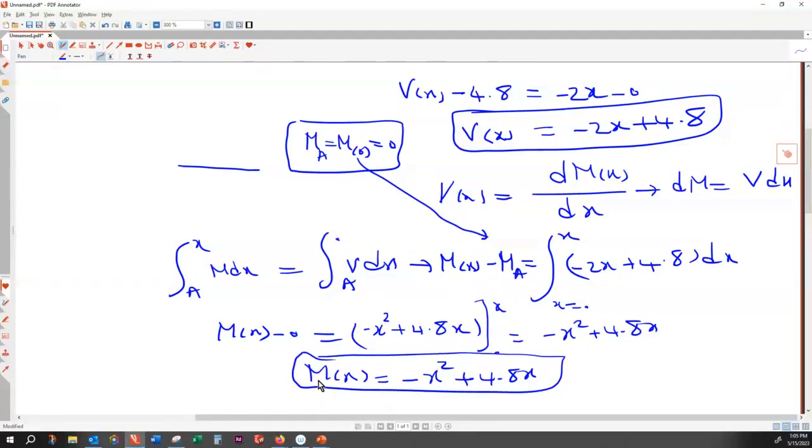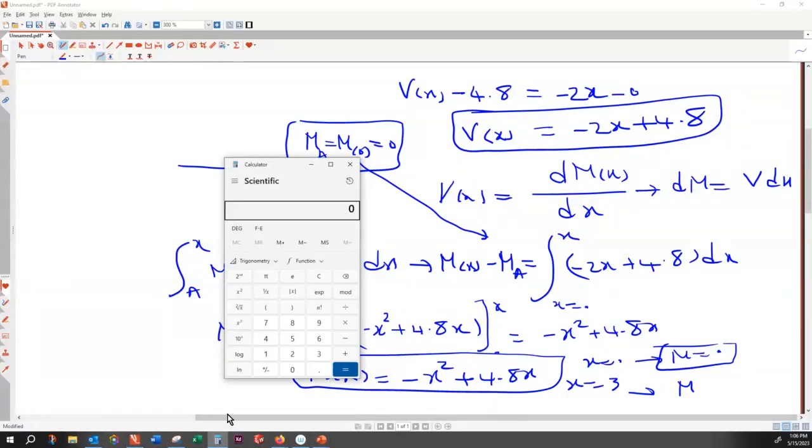So can we check this? Plugging x equal to 0 gives M equal to 0. That is correct. And at the end, x equal to 3, M is equal to minus 9 plus 4.8 multiplied by 3, that is 5.4.